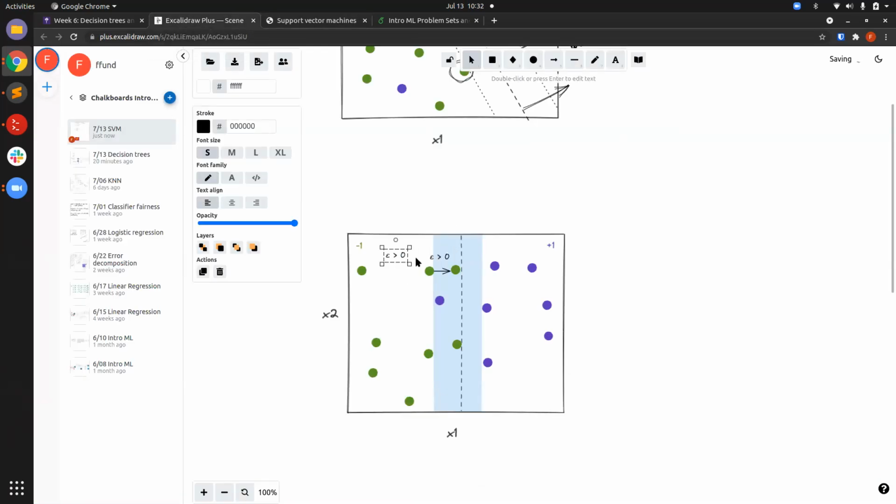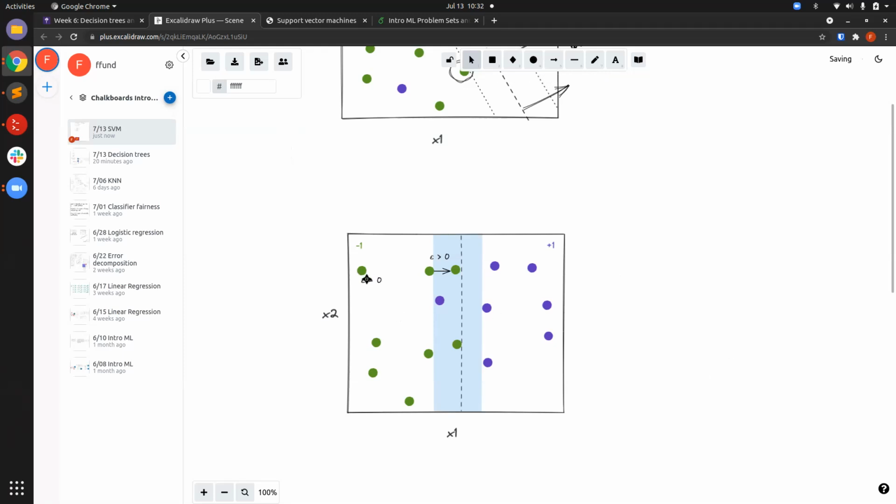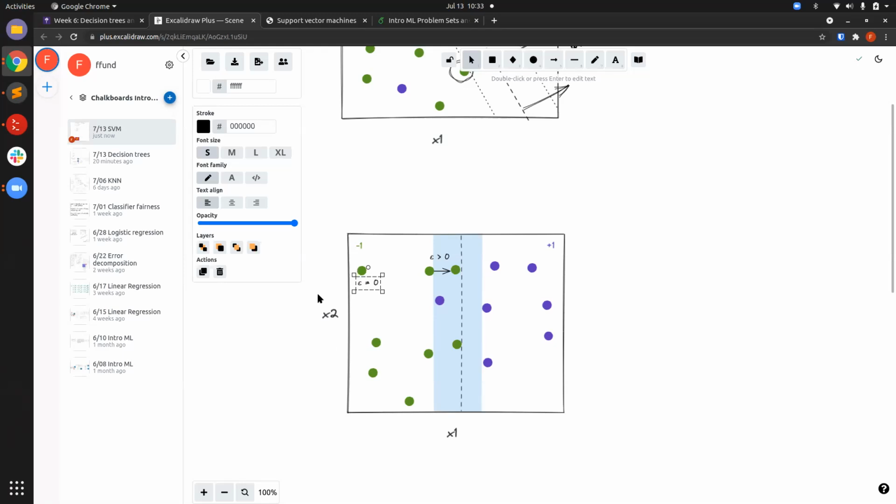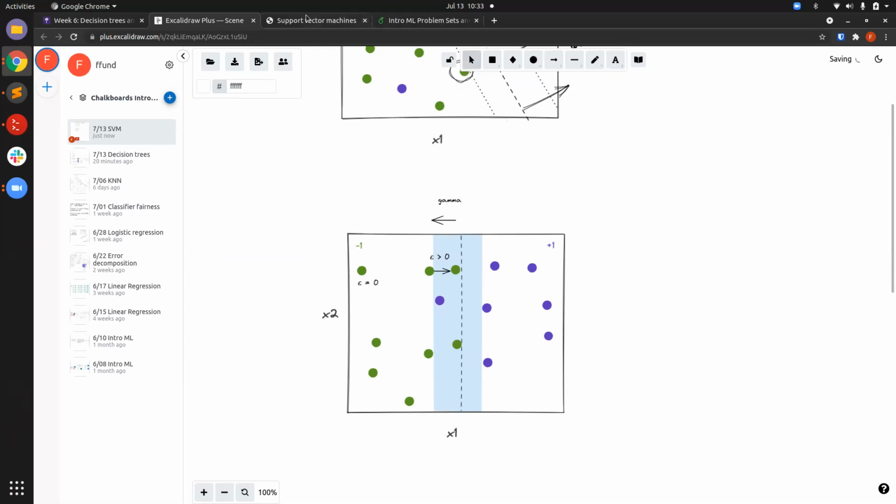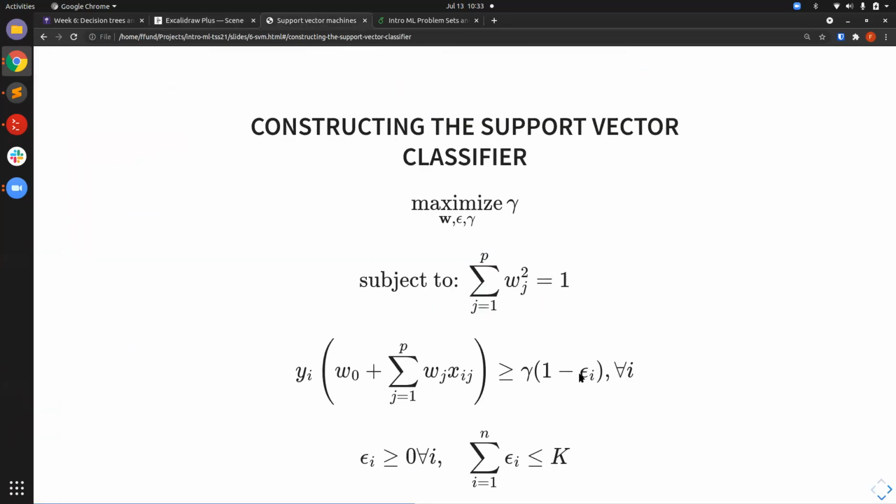What about this point over here? For this point, we'll have epsilon equals 0. This point is at least gamma away from the hyperplane. And by the way, gamma is just this distance here. So we can let epsilon be 0 for that point, and it satisfies that constraint.